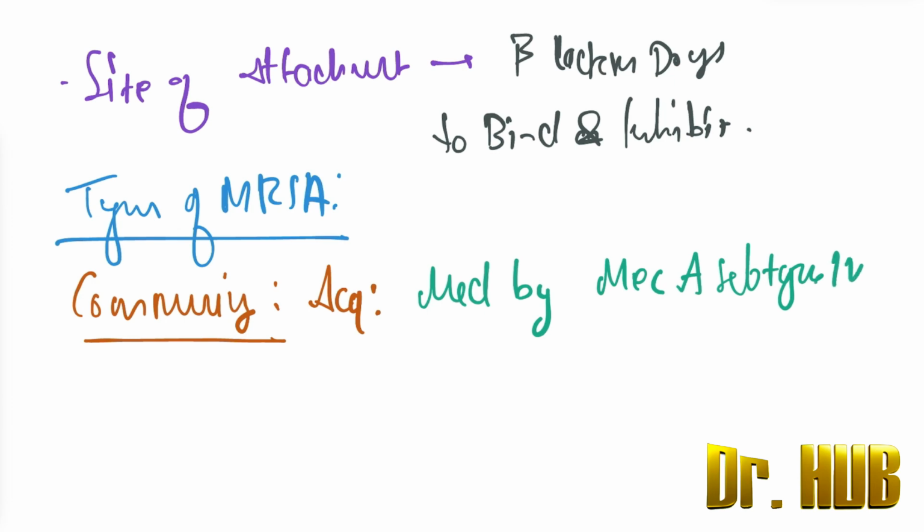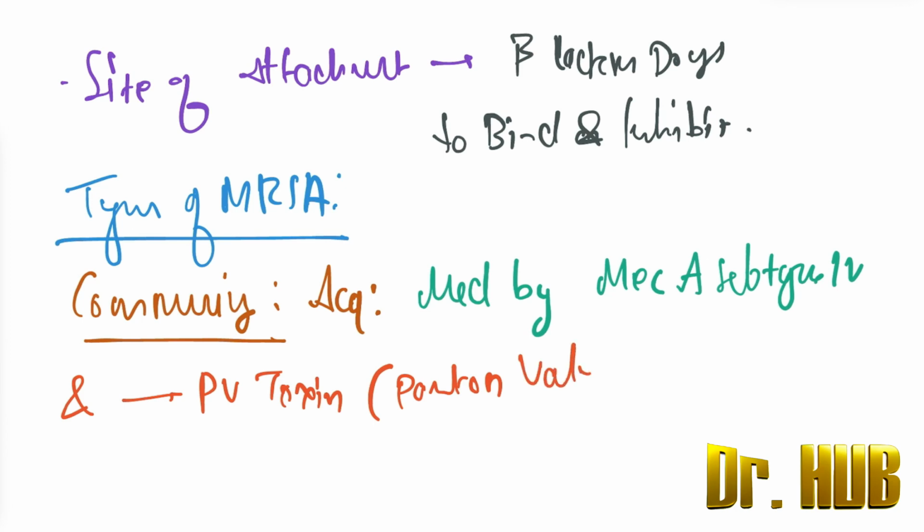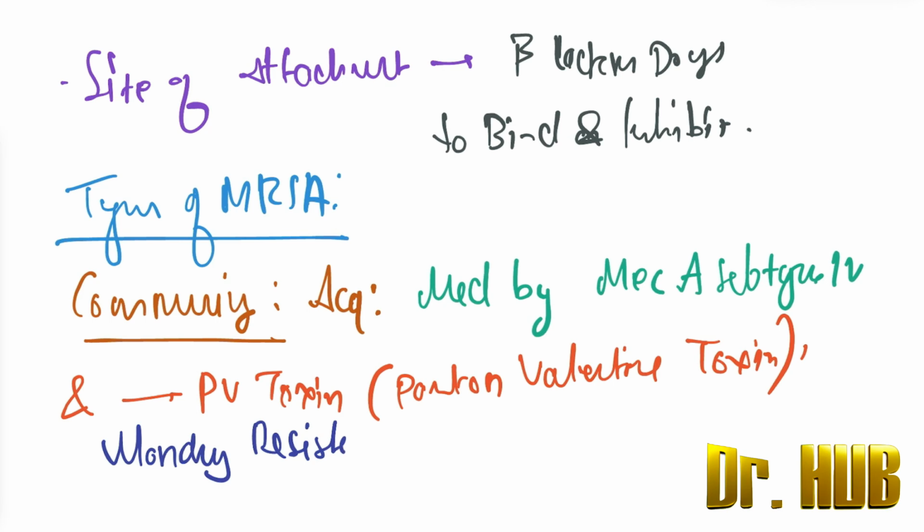And they possess a PV toxin. PV toxin stands for the Panton-Valentine toxin, and monodrug resistance, and it is more virulent.